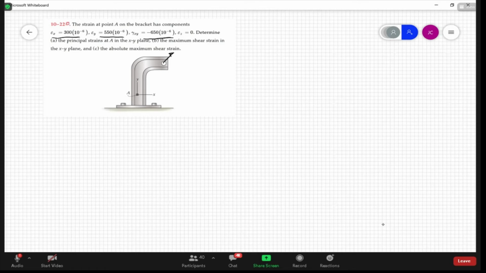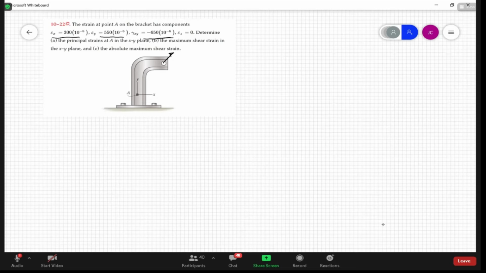If they're not, we're going to have a difficult time doing the problem. Here they want us to find the principal strains at A, then the maximum shear strain in the XY plane, and then the absolute maximum shear strain. In this case, the answers for B and C will be different.